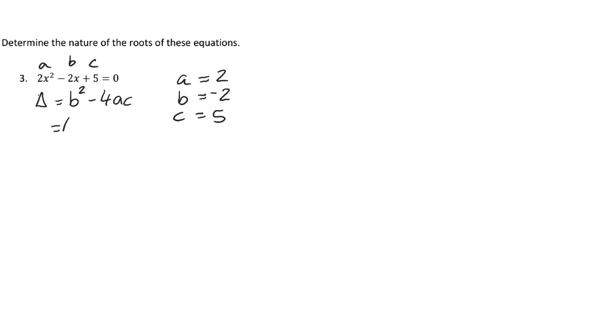I'm going to have negative 2 squared subtract 4 times 2 times 5. Negative 2 squared is 4. Take away, well, that's going to be 40. So this time I'm left with negative 36.